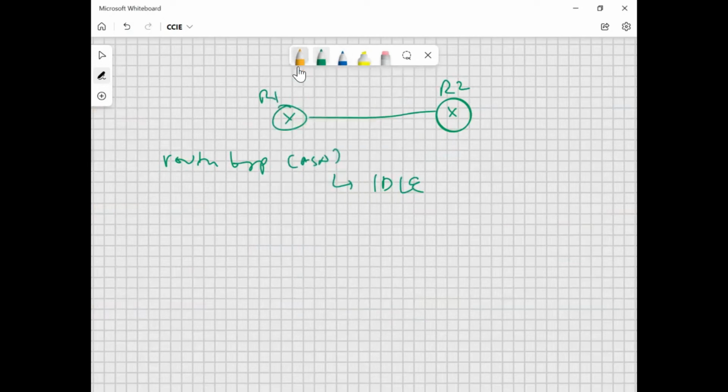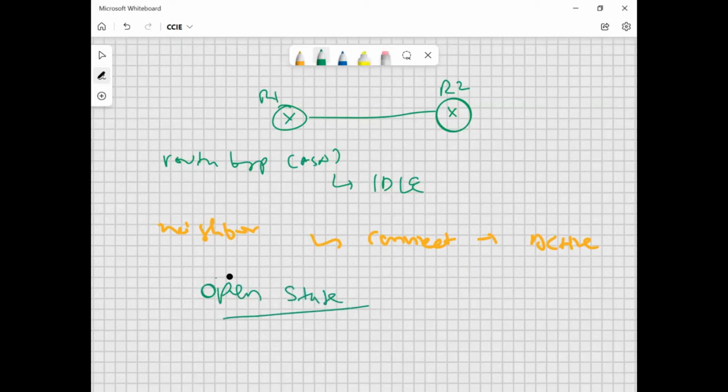Then I can go with the neighbor command. When I put the neighbor command, it will try to connect, and the state achieved will be the connect state or active state. If this passes, the next state will be the open state, where an open message will be sent. If not passed, it will keep popping up between active and idle, or connect and active. It will be stuck in those two states.